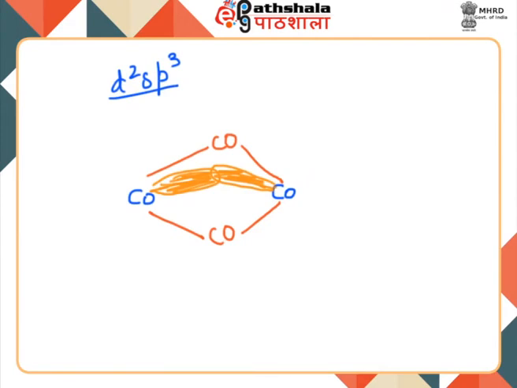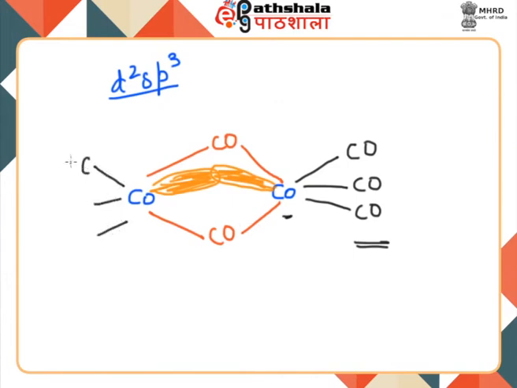We have also seen how the p orbitals, after the d2sp3 hybridization, will be involved in bonding with the 3 terminal carbonyl ligands. So these are the 3 terminal carbonyl ligands on this cobalt, and similarly there will be 3 terminal carbonyl ligands on the other cobalt.